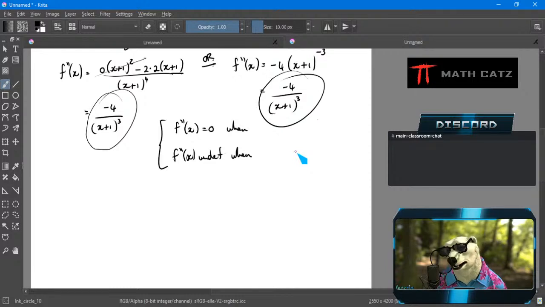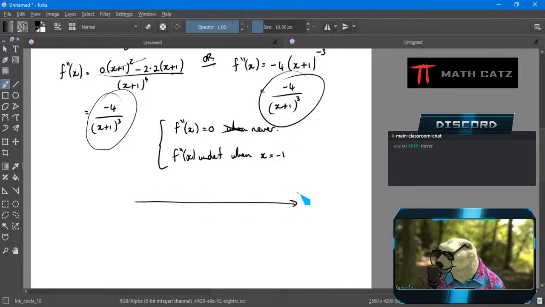This is your moment. Seize it. Never. See how we've learned? It's good. Never. Because there are no x's in the numerator, and only the numerator can make a fraction 0. It's undefined, clearly when x is negative 1.